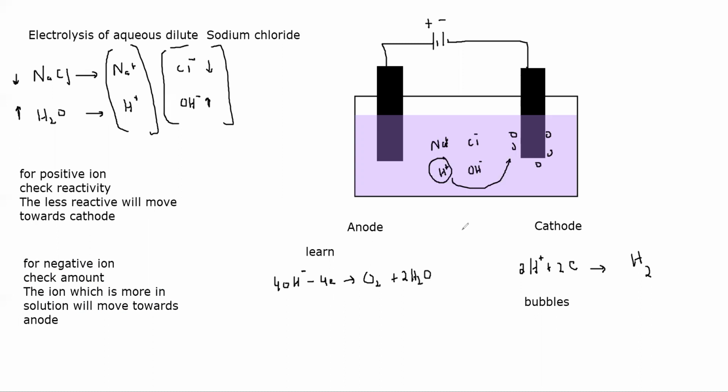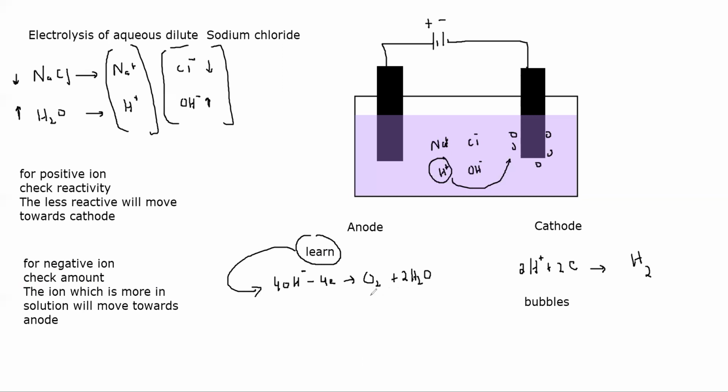This is an equation which you have to learn or memorize for hydroxide ion specifically. When 4 hydroxide ions are there, they lose 4 electrons, and after losing 4 electrons, they form oxygen gas and give 2 water molecules.